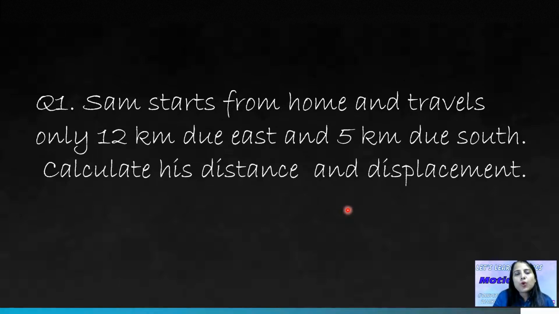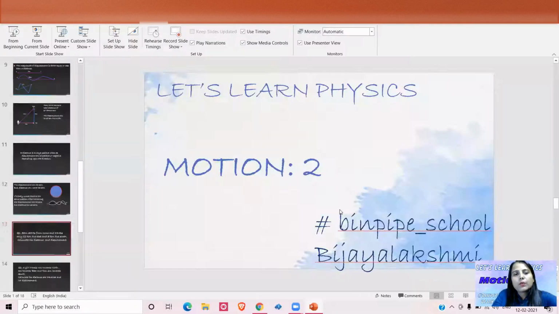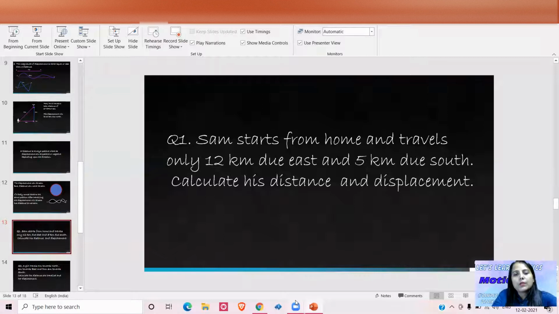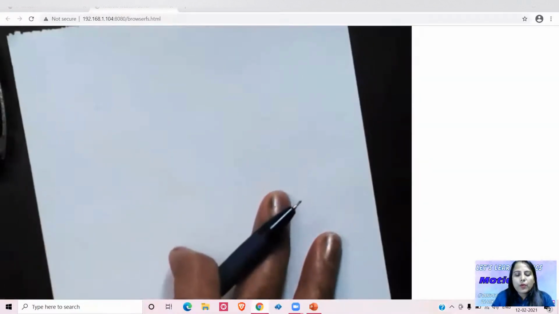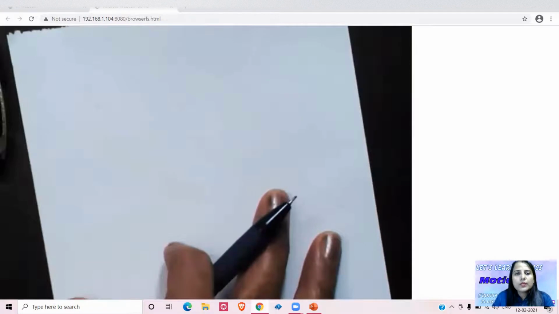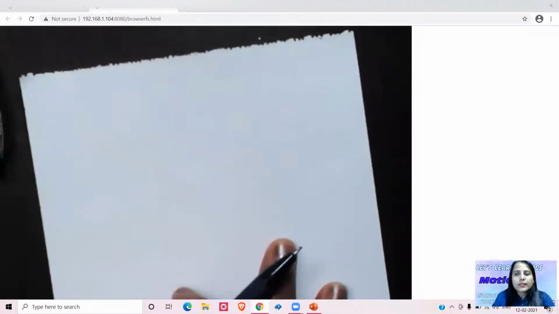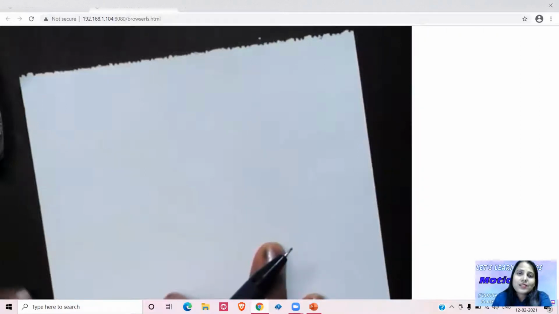Now, in order to solve this, I will be showing you or sharing my screen with the camera, so that it will be clear. You can see how we can solve it. And let me know if you are facing any problem in this way so that I can devise some other method to show you and make your understanding much better.